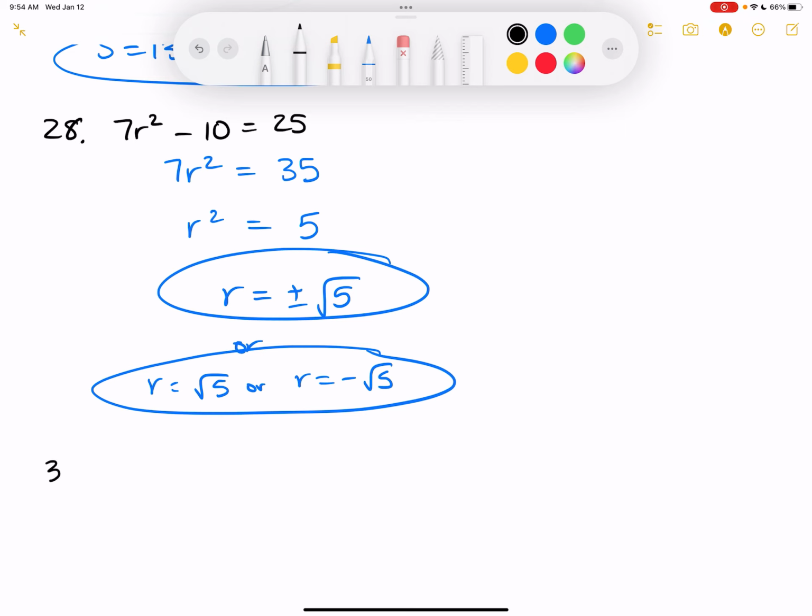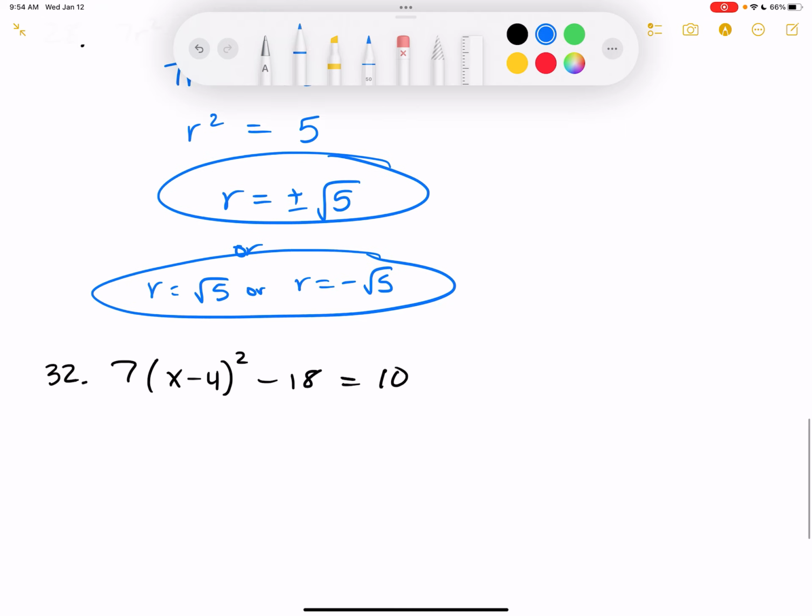All right, let's just do one more of these. Number 32. It gets about as hard as they get here. 7 times (x minus 4) squared minus 18 is equal to 10. So what do I need to do first?